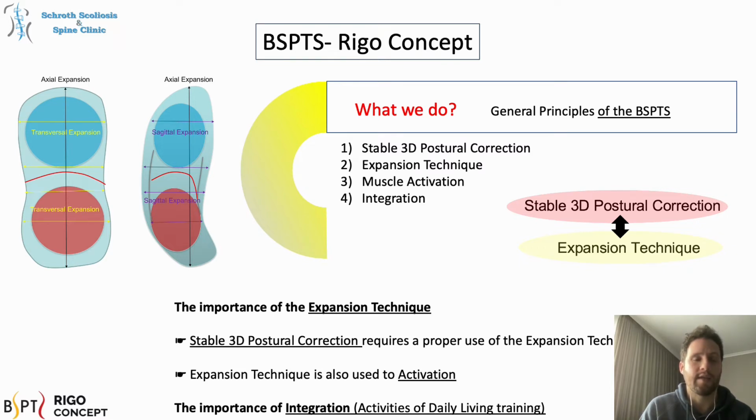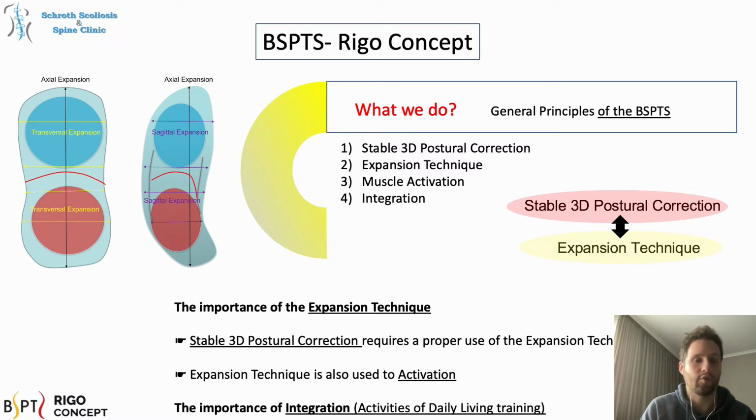In a Scheuermann Kyphosis patient, the sagittal diameter of the thorax is increased due to the kyphosis, and the transversal diameter is decreased. So we need to work a little bit more on the axial and transversal expansion. And then, of course, we need to activate in correction. This is the part of muscle activation, and all these three general principles work together from the very beginning of the application of the technique.